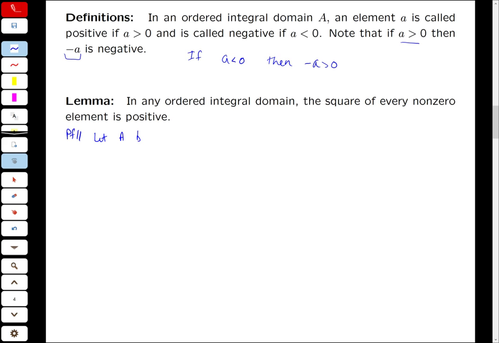Yeah, let A be an ordered integral domain. Let A be an element such that A is not equal to 0. And then we have 2 cases. Let's do the easy case first. A is greater than 0. Now, go back.